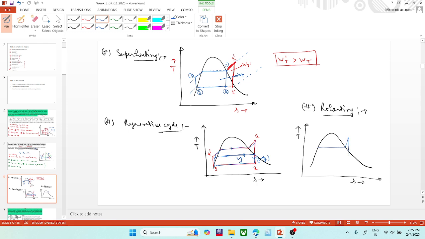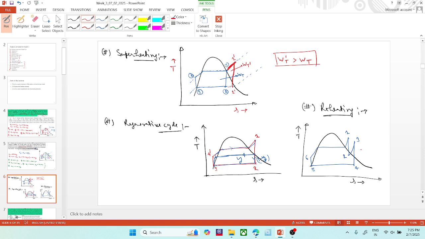First, we expand it to some pressure, then we again reheat it, and then again expand it in a low pressure turbine. So here we have three pressures. The cycle will look like this: 1, 2, 3, 4, 5, and 6.